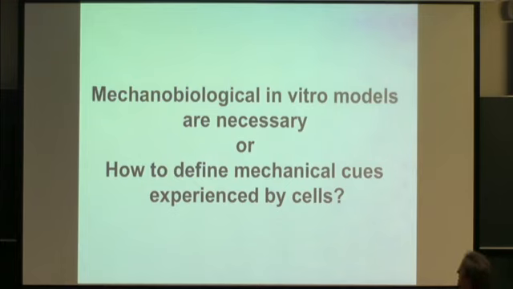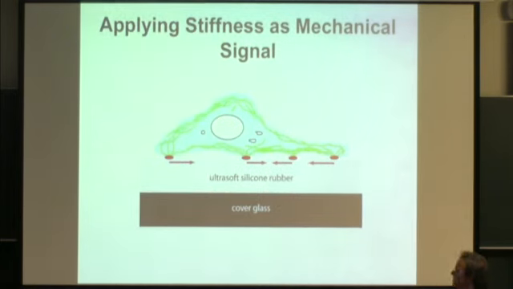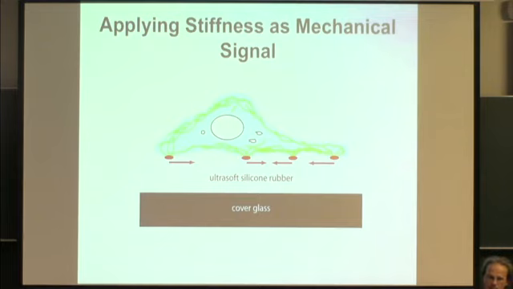And that allows us to define mechanical cues that cells experience. Oh gosh, this should be a light blue here. I'm sorry, the projector represents that not so well. So the idea is to apply stiffness as a mechanical signal. You take a cover glass and place something very soft on top. And on that you cultivate a cell. In my lab, we, for some reason, started to work with silicone rubber, which you can also produce very soft.